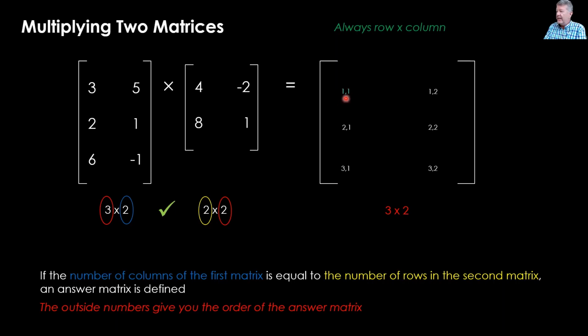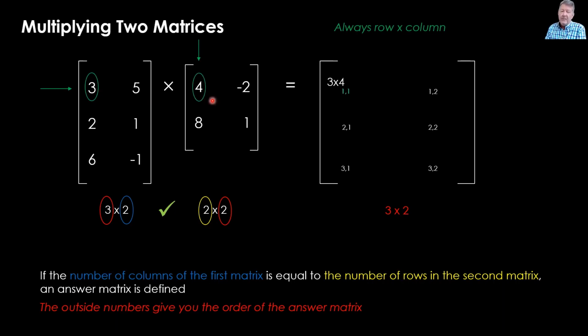All right, this is row 1, column 1. So we're going to take row 1 of the first matrix, which is across there, and we're going to multiply it by the first column of the second matrix. Does that make sense? Row 1, column 1, row 1, column 1. So how we do that is we take our number here and our first number here, and we do 3 times 4.